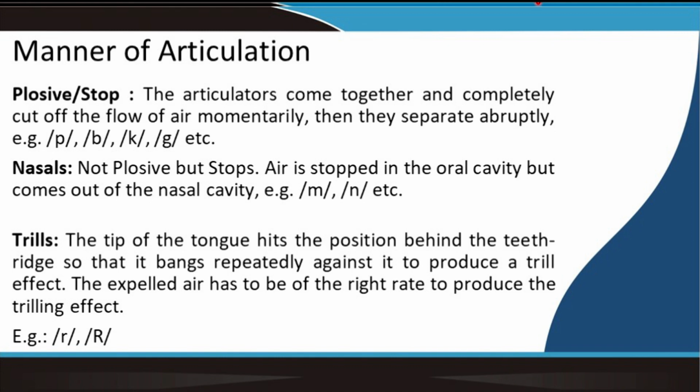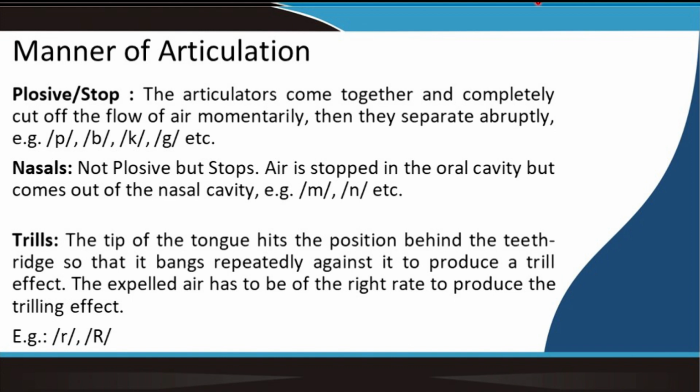Plosives are also called stops, but nasals are not plosives, because in nasals the air is stopped in the oral cavity but comes out from the nasal cavity. In nasals we have m, n. If you articulate m, n, you will realize that some portion of the air is coming out from your nose, and that is why these sounds are called nasal sounds.